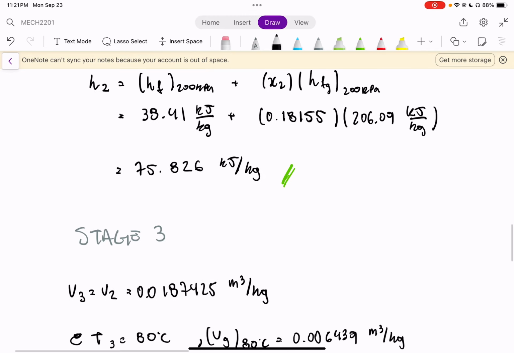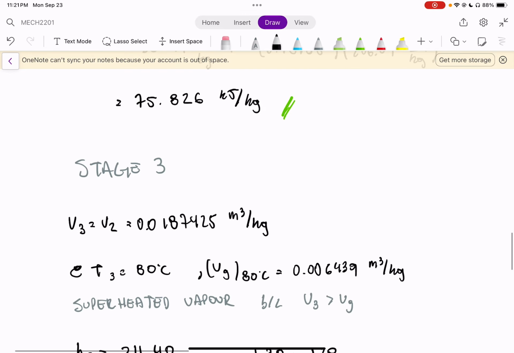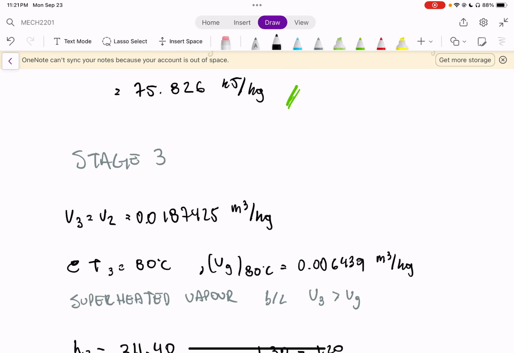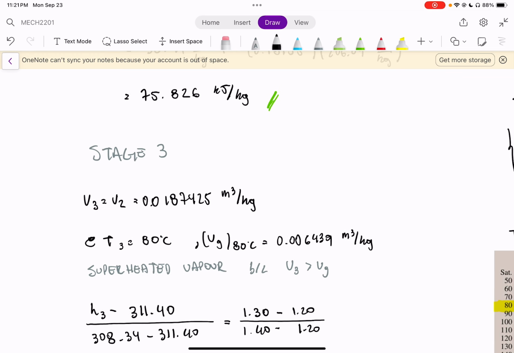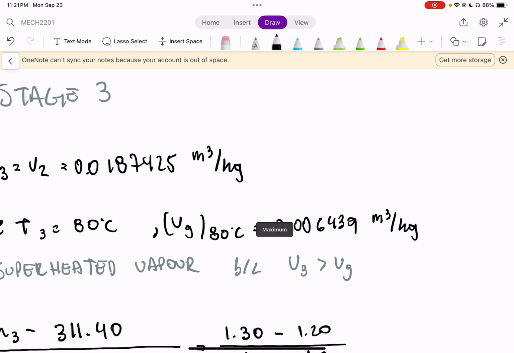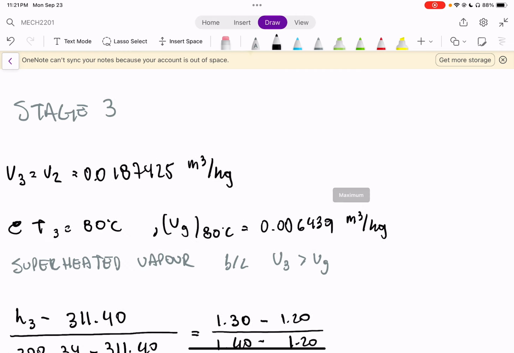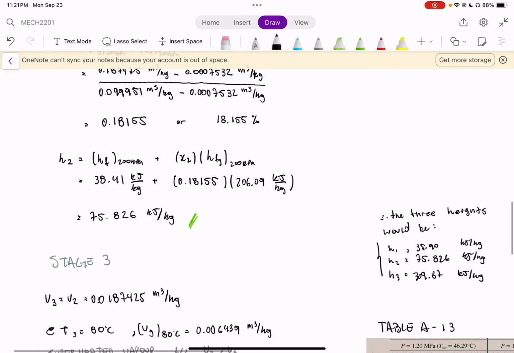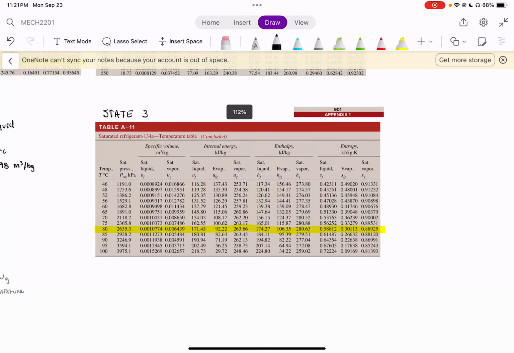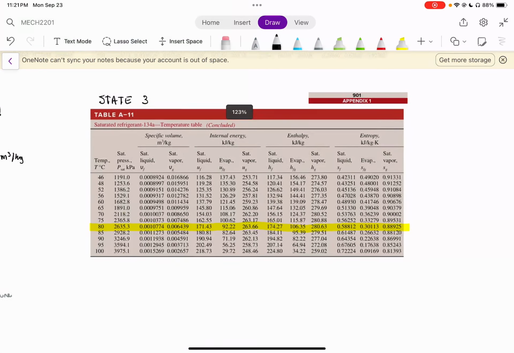Now we're going to move on to stage 3, which is given by the condition that v3 equals v2, so we're going to have 0.0187425 meters cubed per kilogram. At temperature 3, which is 80 degrees Celsius, which was given to us by the original question, vg at 80 degrees Celsius is this number here, as provided by this table right here, which is A-11.